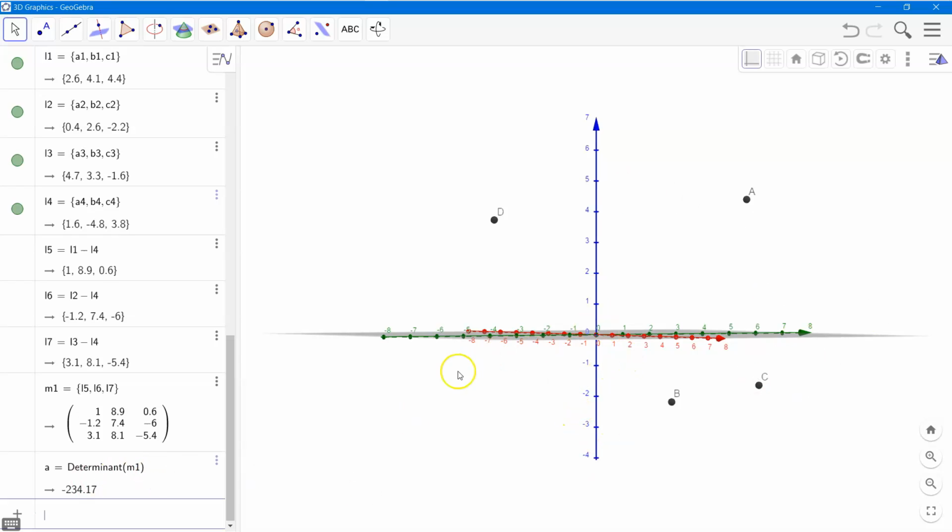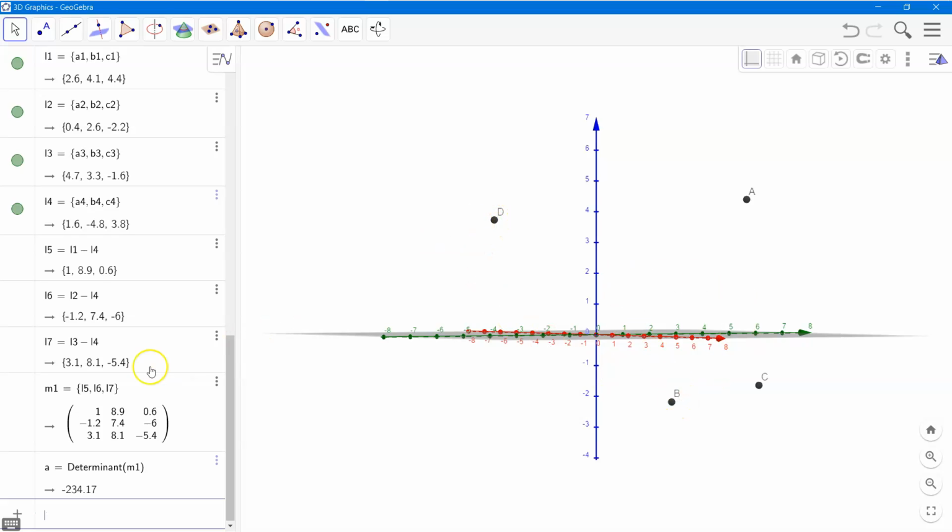But for the volume to be 0, the divide by 6 is just to get the volume, and the volume itself will become 0 if the determinant is 0. So when the determinant is 0, these points are coplanar. That means they lie on the same plane.